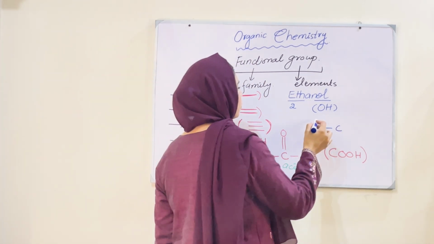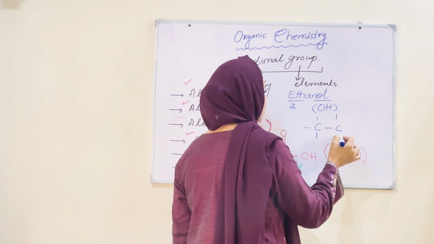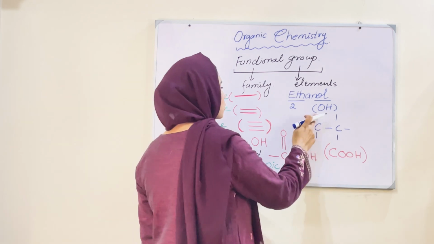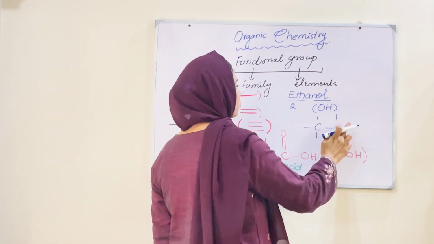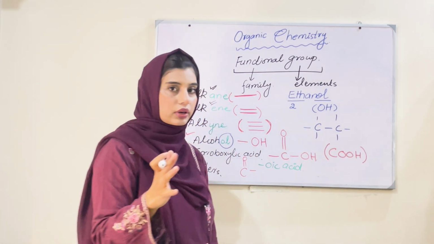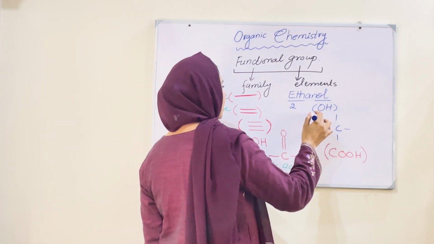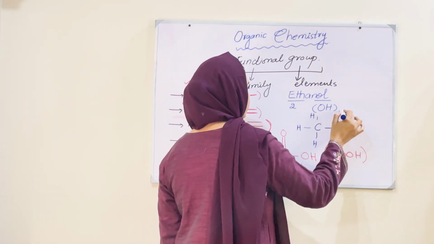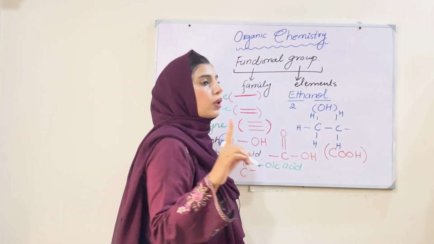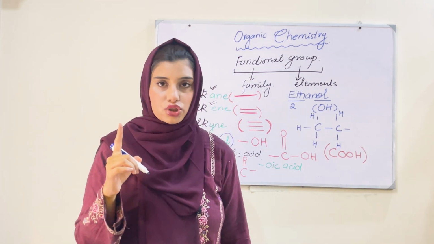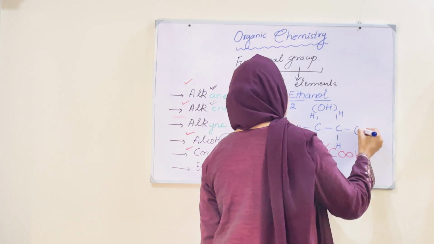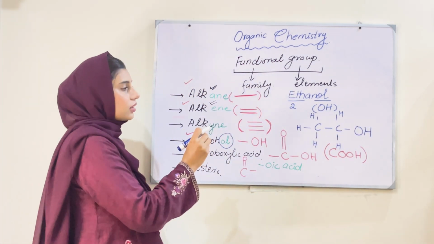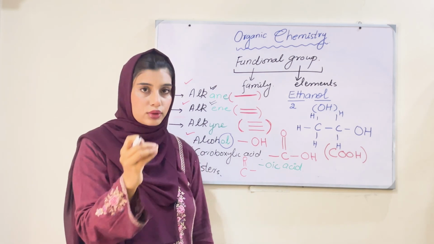Each carbon can form 4 bonds, so 1, 2, 3 and 4 bonds of one carbon, and 1, 2, 3 and 4 bonds of the other carbon. So all of the bonds will have hydrogen, but one bond will have OH. That means this particular compound is ethanol.